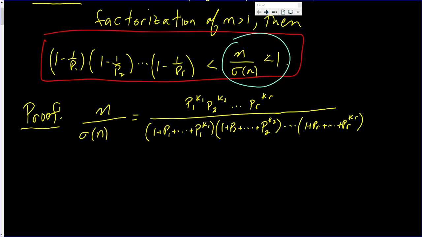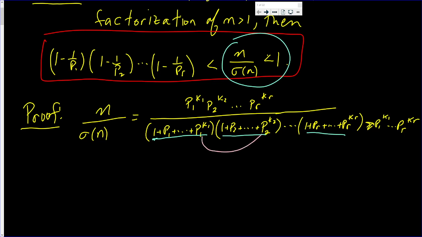Now, every p being a prime is positive and 1 is positive. This is all a sum of positive numbers. This bottom is greater than p1 to the k1 all the way down to p r to the k r. Why is that?